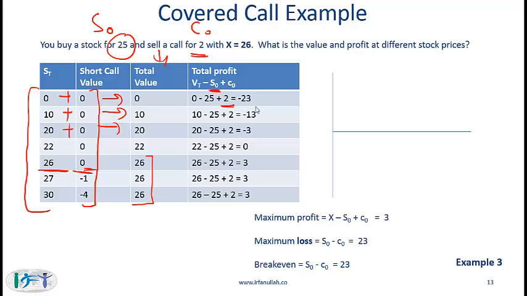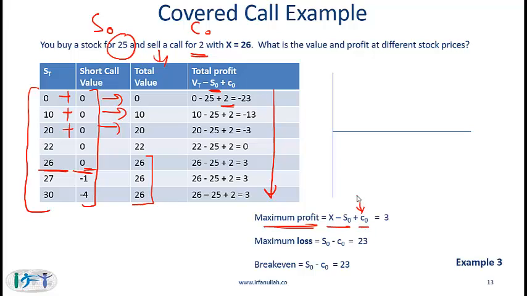So if you plug in the numbers, here is what you should get for your total profit. Notice that the maximum profit is given by this expression, X minus S0 plus C0. The plus C0 should be obvious.